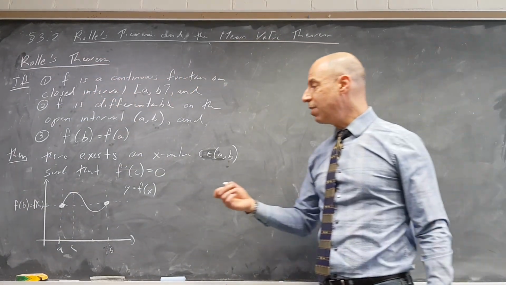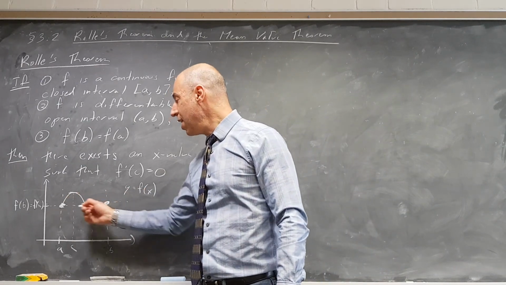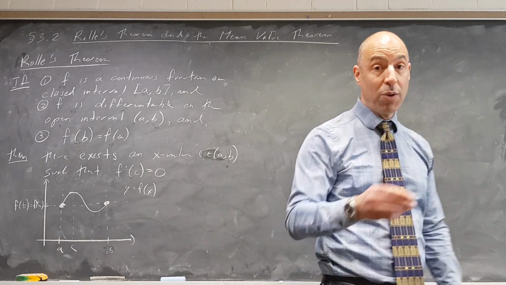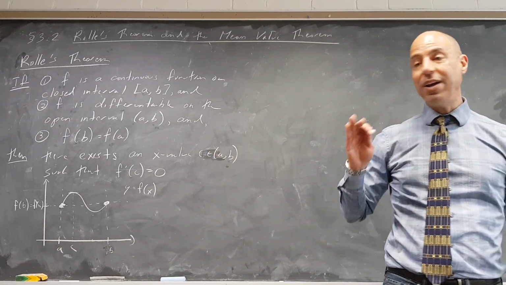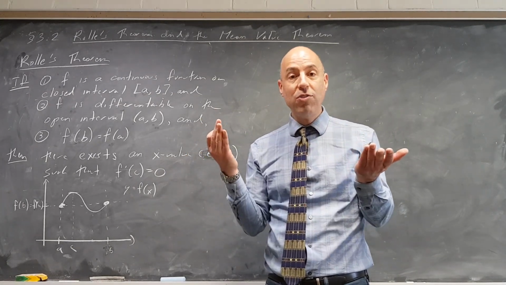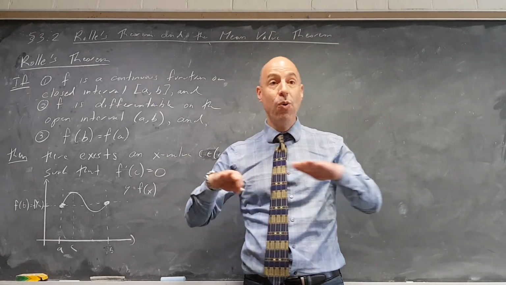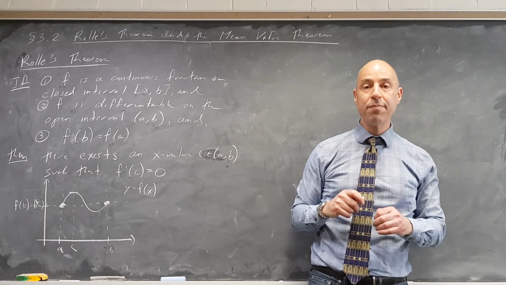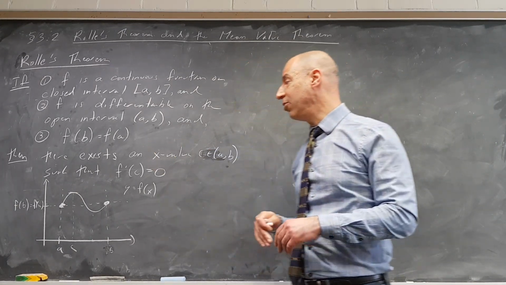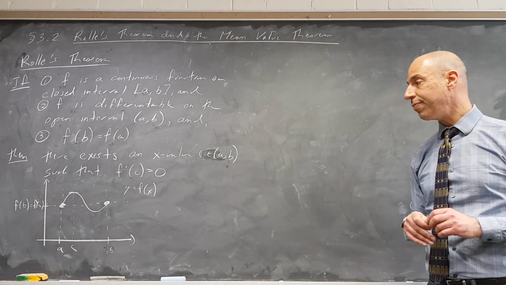I think you can see that if you can draw a curve from here to here, there's either going to be a top of a hill or a bottom of a valley or both, or maybe it's just a horizontal line, but no matter how you slice it, since the curve is nice and smooth, at one of those tops of hills or bottoms of valleys or anywhere along a horizontal line, the derivative is going to be 0 because it's going to be horizontal there. The tangent line is going to be horizontal.